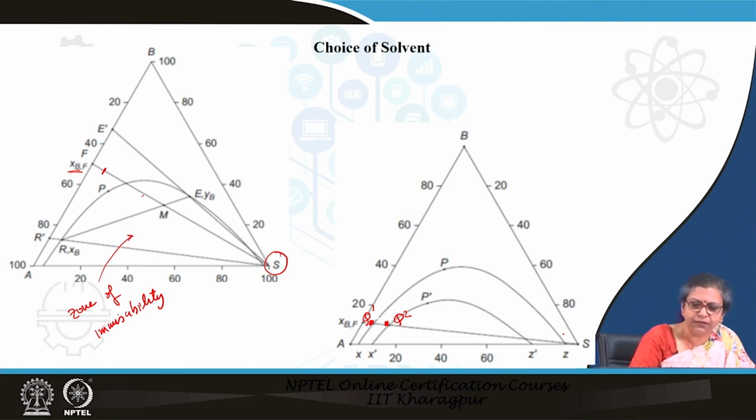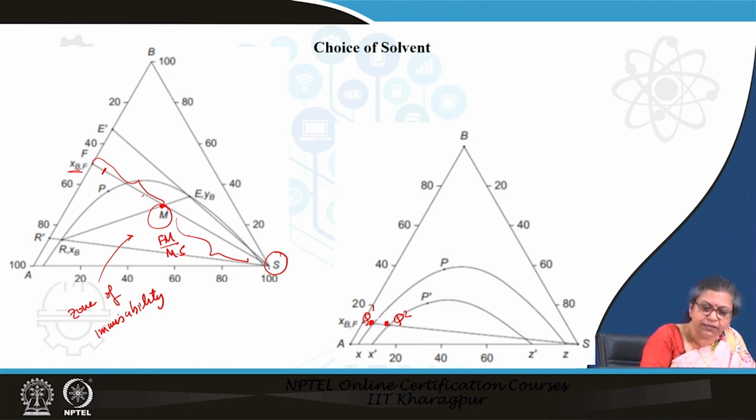This is point 1. Point 2 is that we have added solvent and come into the zone of immiscibility. Say now we are at a point M. What is the solvent that we have added? The ratio of the feed to the solvent is quite naturally FM by MS. After the extraction has taken place, we go for a recovery stage.